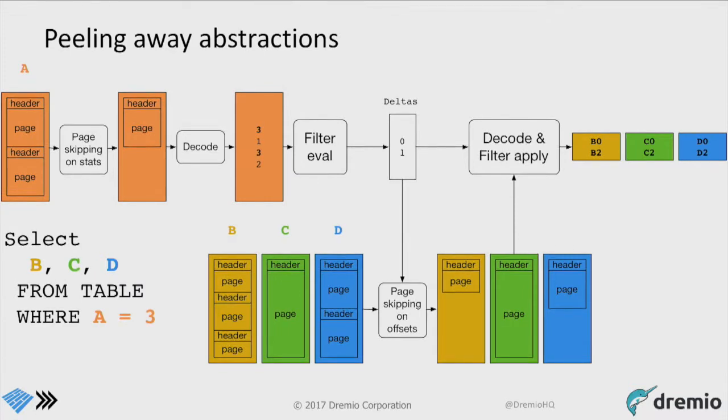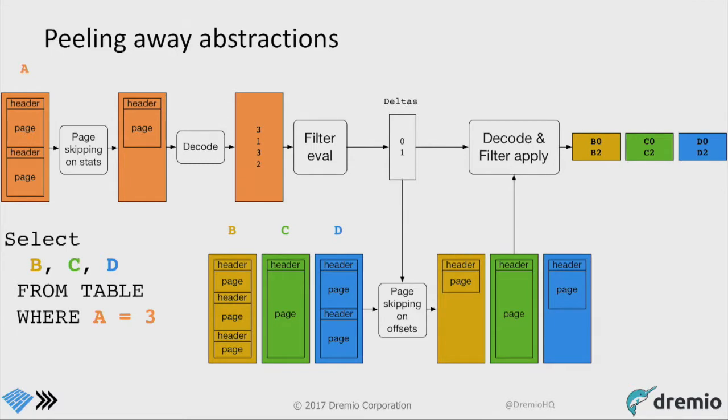We don't need to decode it. We don't need to decompress it. There's a lot of CPU saved. And also, depending on the encoding, if it's a fixed width encoding, skipping values means that you don't have to decode intermediate values to get to the next one, right? You can just skip that number of bytes.